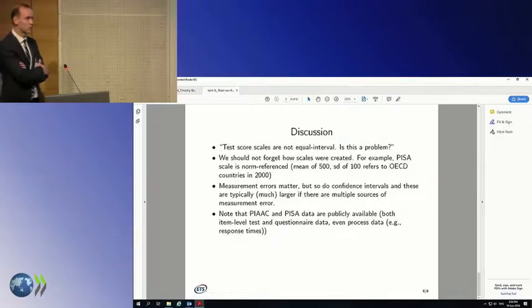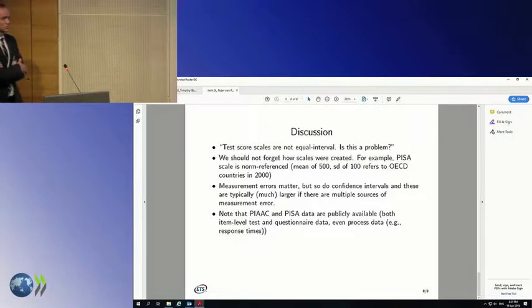What do you want to measure, and what do you want to use it for? For example, the PISA scale is norm referenced, which means that back in 2000, in the first cycle, the latent ability scale was fixed to have a mean of 500 and a standard deviation of 100 in the OECD countries in 2000.